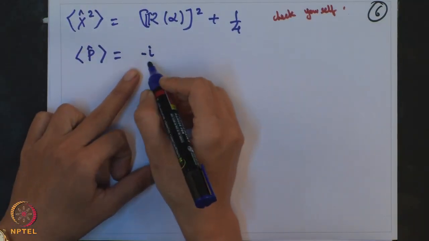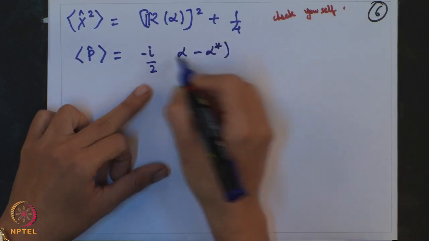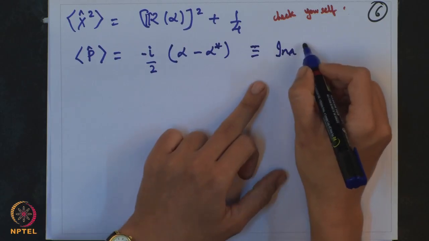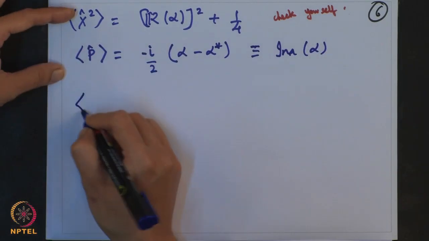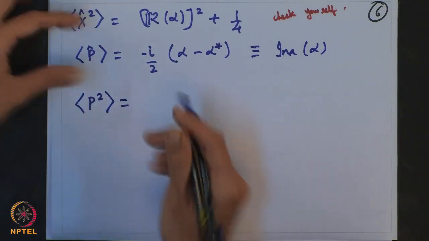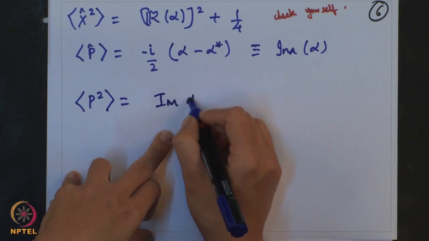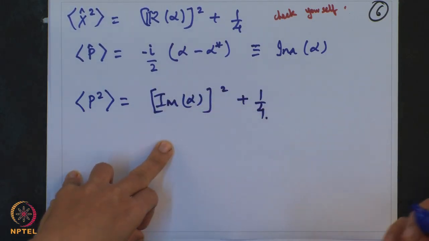So, I have i by 2, and then I will have alpha minus alpha star kind of a term, which can be written as the imaginary part of alpha. Similarly, you evaluate this and you will find that the imaginary part of alpha square plus 1/4 is what you obtain.